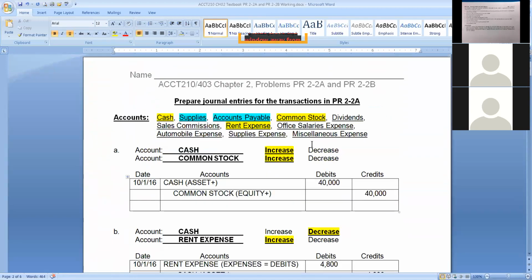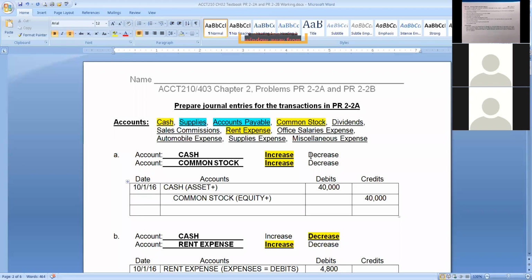We have a couple of expenses here. What expenses are we going to use? Automobile expense and miscellaneous expense. Yep. So automobile expense and miscellaneous expense.